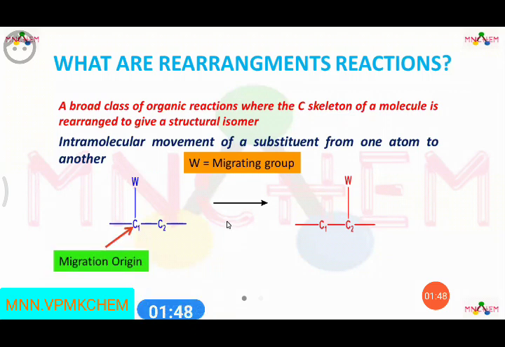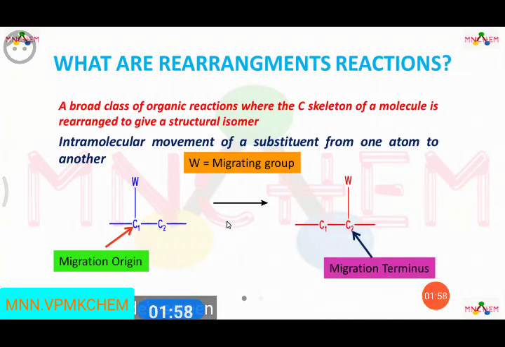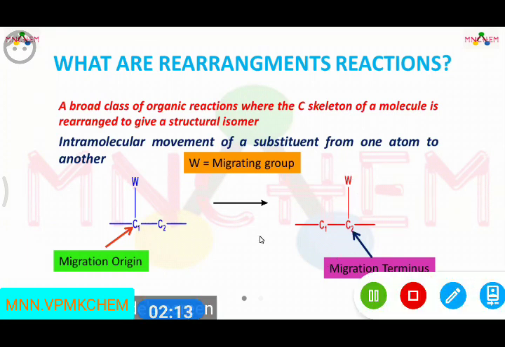The C1 carbon is called the migration origin, whereas the C2 carbon is known as the migration terminus. So the carbon where the substituent started is the migration origin, and the carbon in the product where the substituent ends up attaching itself is the migration terminus.